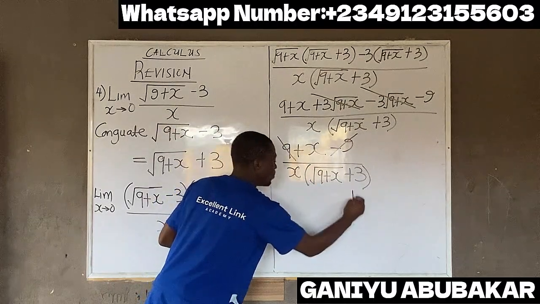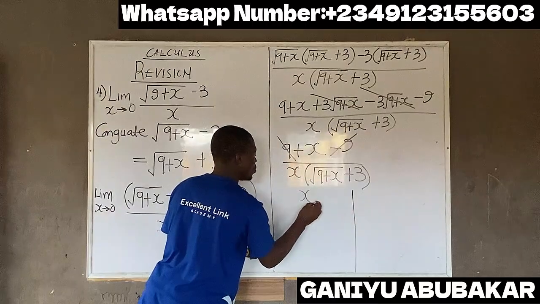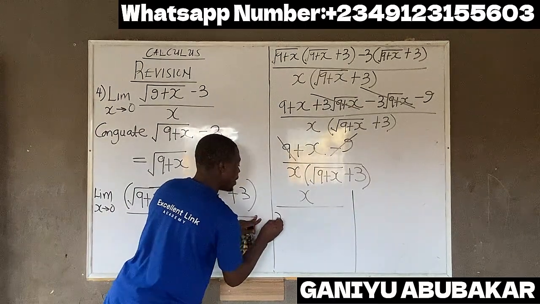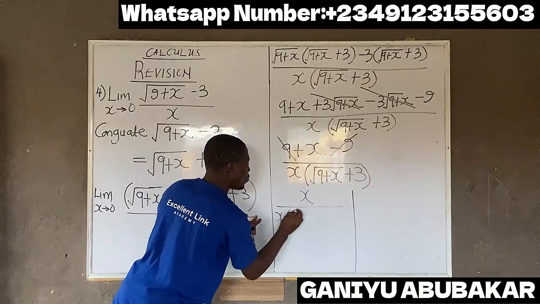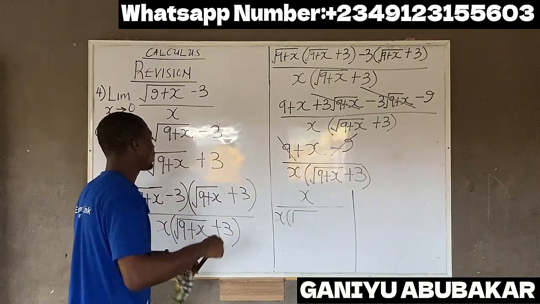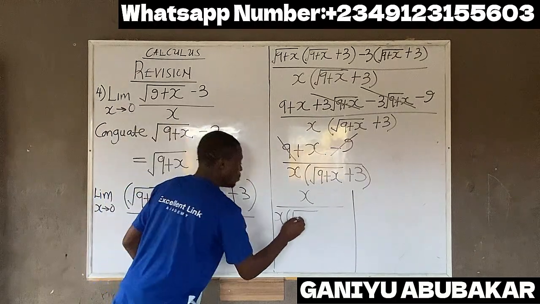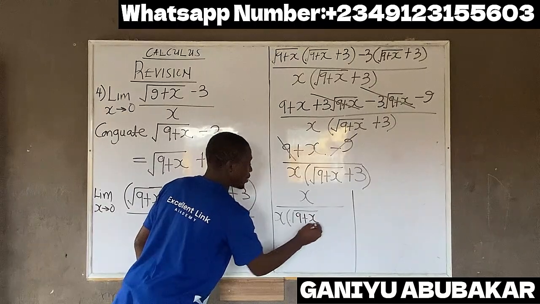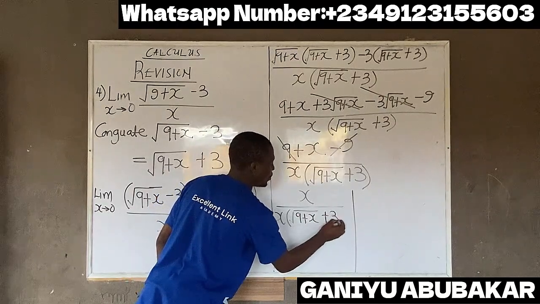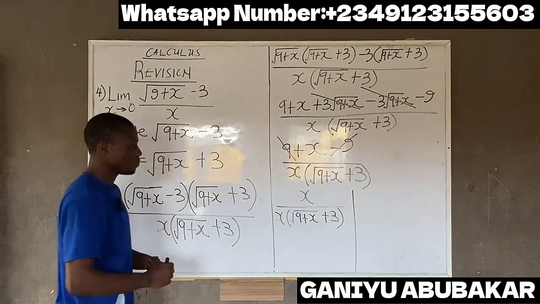I have x all over x into the square root of 9 plus x, of course plus 3. All right, I have this.